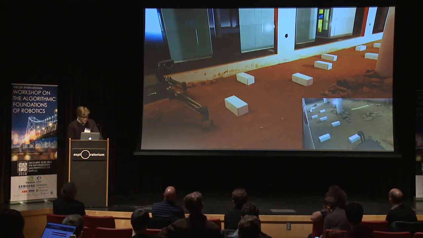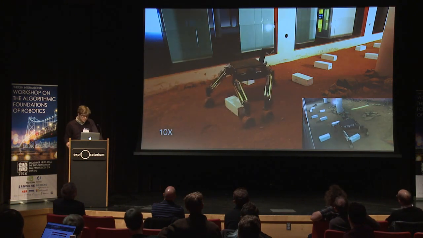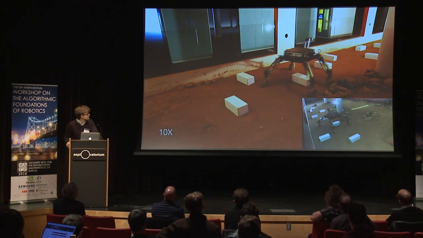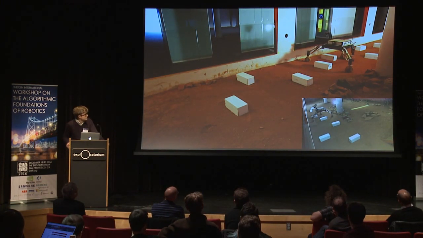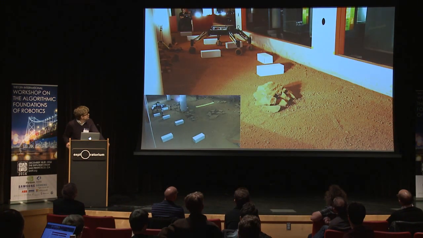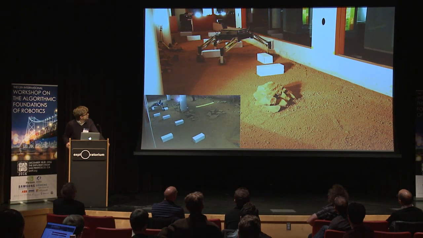So here you can see this is recent work that we've done to expand our work, and you can see the results of HBFMT star running with the actual rover. And it successfully traverses around each of these box obstacles, and at the same time maintains static stability.